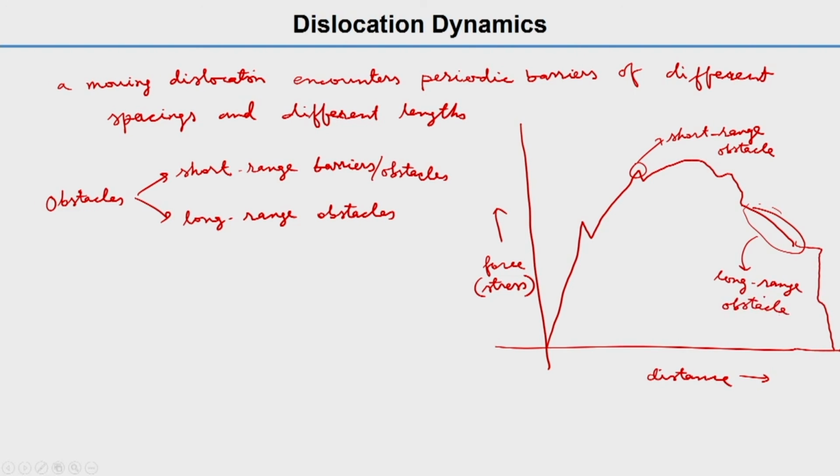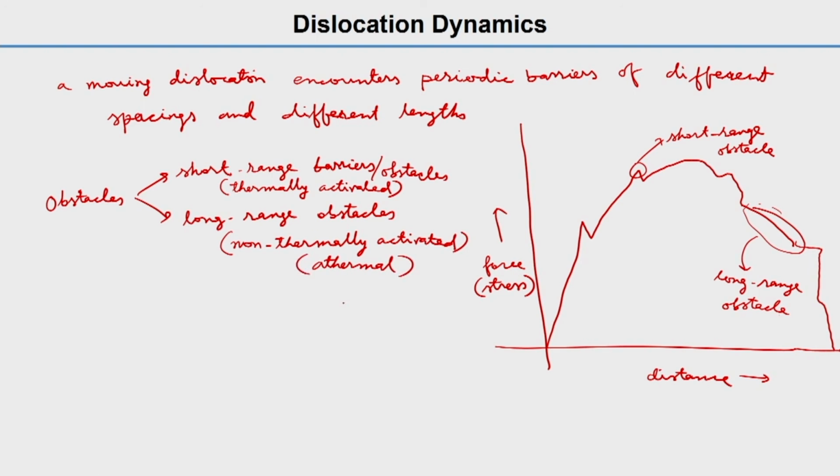It is important to note that the short range obstacles, which are smaller and narrower barriers, can be thermally activated. With the help of thermal energy, the dislocation can cross these barriers, and the other barriers, the long range barriers, are called non thermally activated, or athermal barriers.